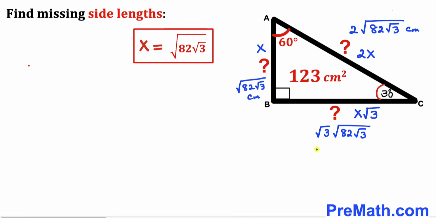So therefore, I could write the square root of 3 times 82 times the square root of 3. And now we are going to multiply out these two numbers. So therefore, this leg is going to become the square root of 246 times the square root of 3 centimeter.